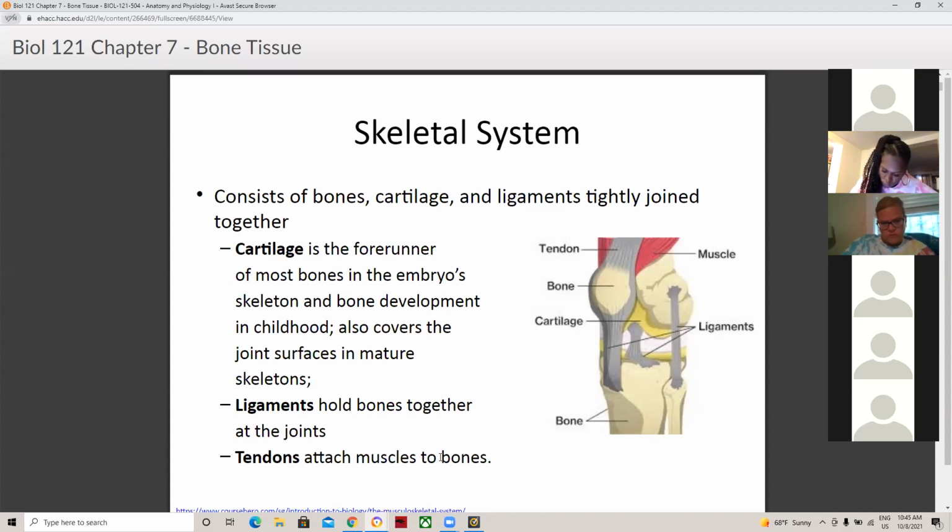Tendons hold muscles to bones. So tendons are actually not part of the skeletal system because they're involved with muscles. So bones, cartilage, and ligaments are part of the skeletal system. Tendons that connect muscle to bone are not technically part of the skeletal system.